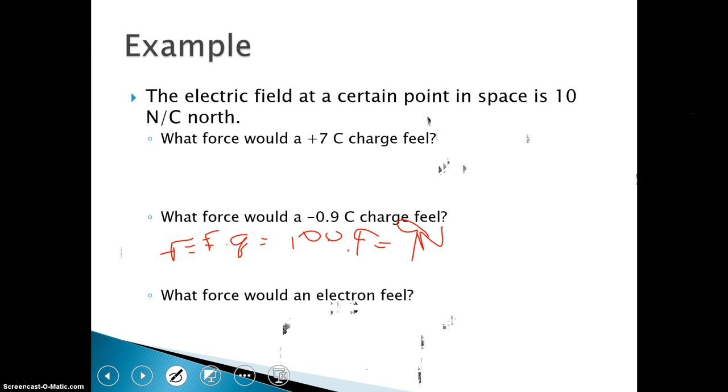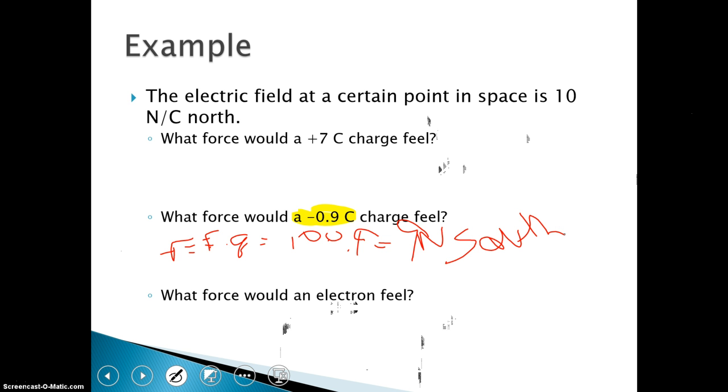All right, and another thing to note is that it is a negative charge. Therefore, the force will be the opposite of the field. So if the field is north, then the force is south.